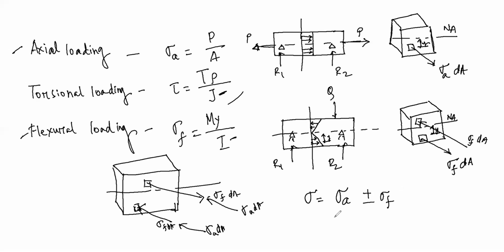Okay, so we know the formula is P by A, and we know the formula is M by I, whatever applies. So this one changes according to the geometry of the body. If it is a rectangle, then one formula. If it is round or cylindrical, then another formula will be taken into consideration.